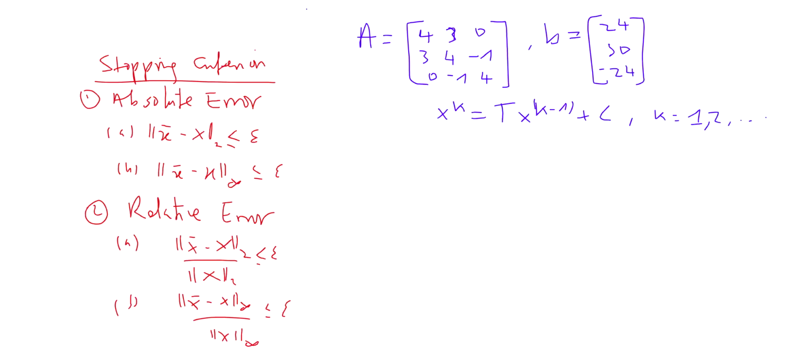If you are given a system like A with b, then a good stopping criterion would be, for example, if you compute up to x10 and stop at x10, then you can use a stopping criterion.